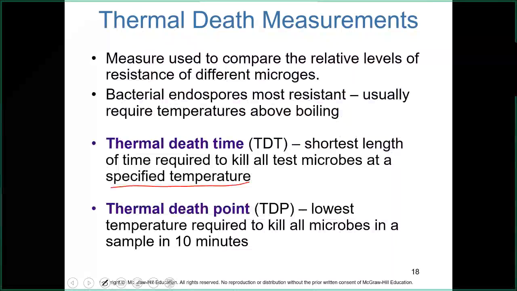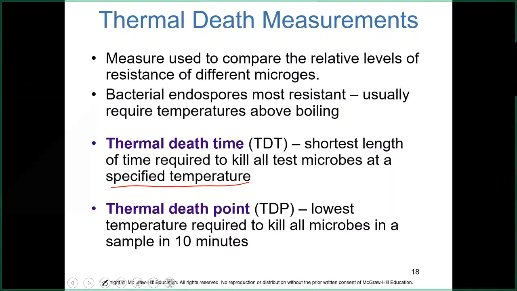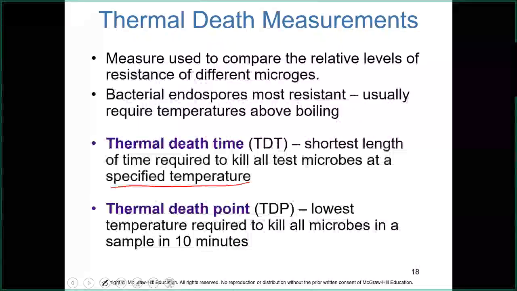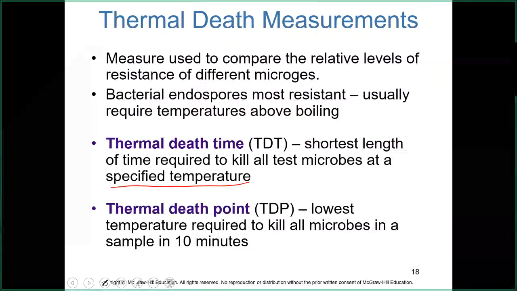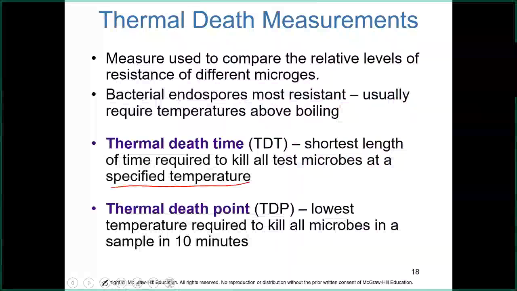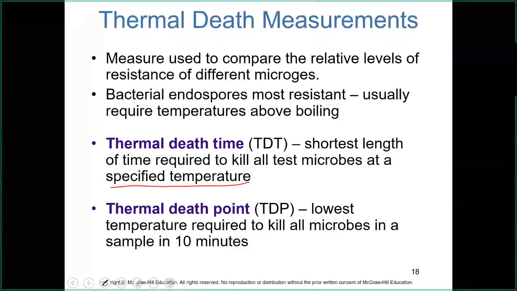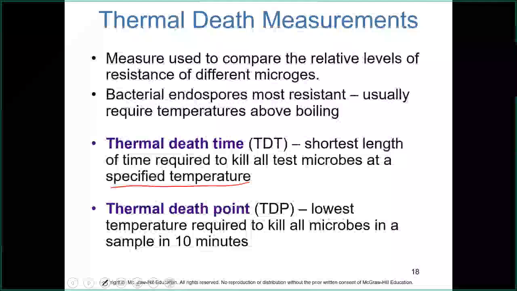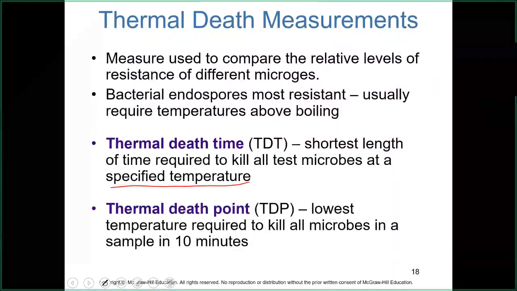All right. So if you applied, let's say 100 degrees centigrade, you use that temperature to kill microbes, and it took 3 hours to reach sterilization. The question would be, well, if I elevated that temperature somewhat, what would the difference be, right?